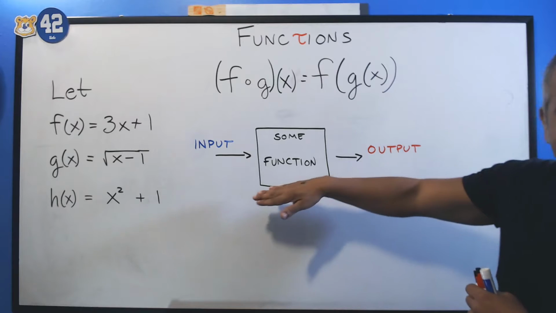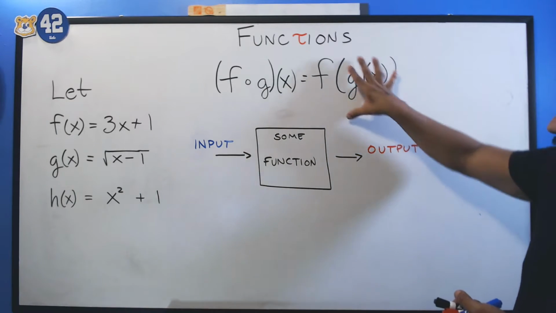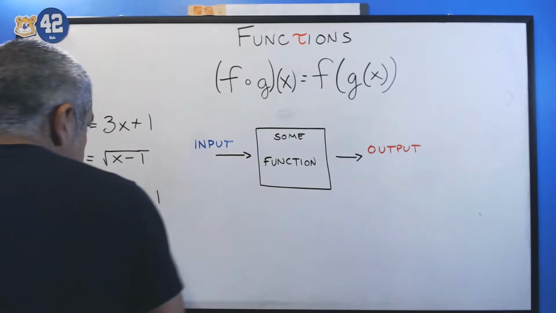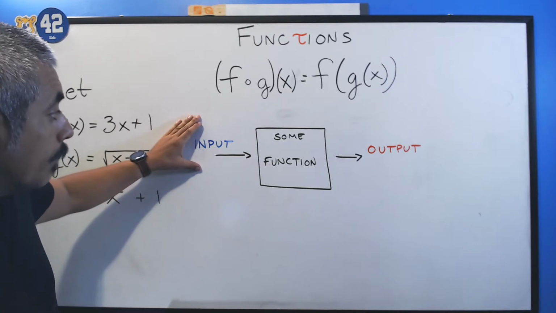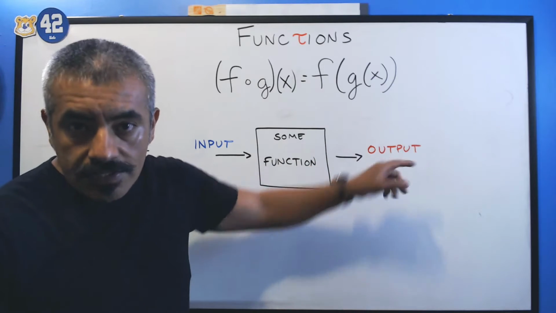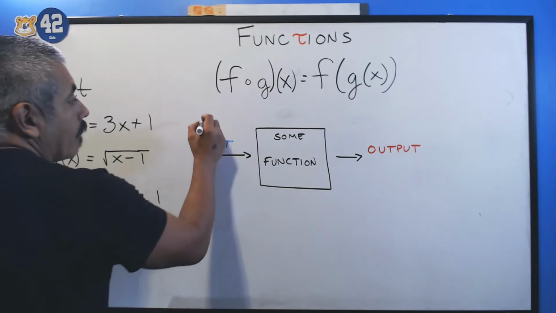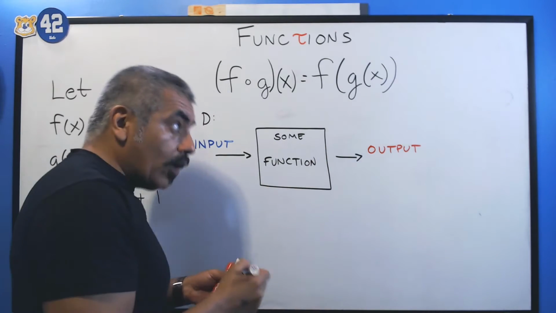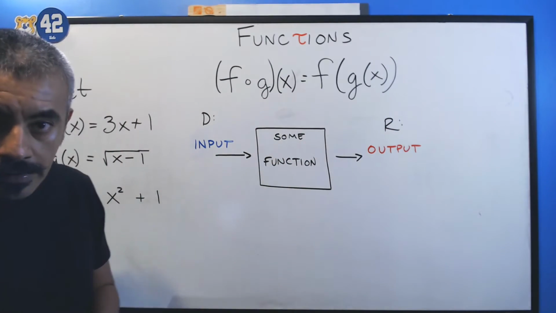And so let's remind ourselves of what's happening when we have one function, because this is a composition of functions. When we have one function, we give it some input, and the function gives us some output. And remember that this input has to be part of the domain, and this output will end up being part of the range if it's a valid output.